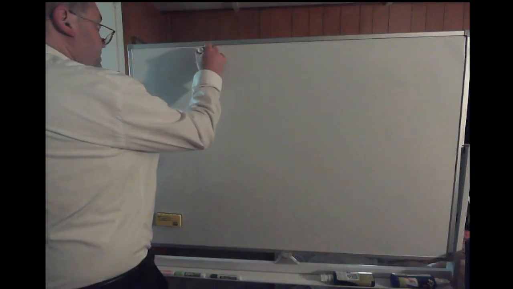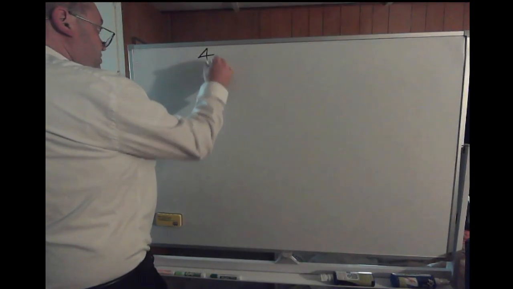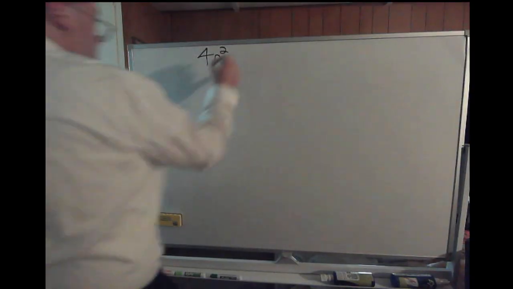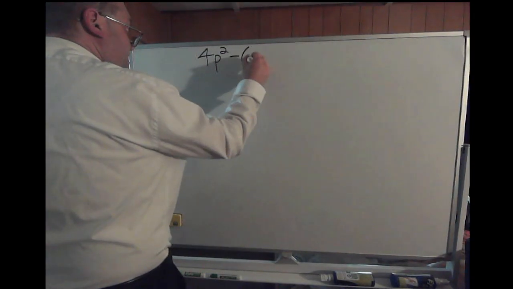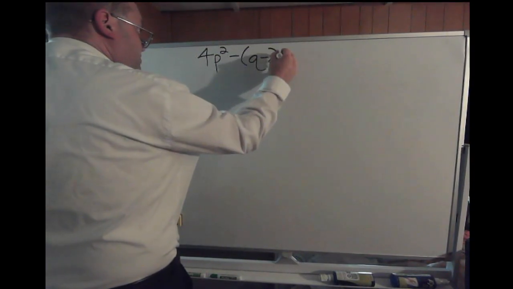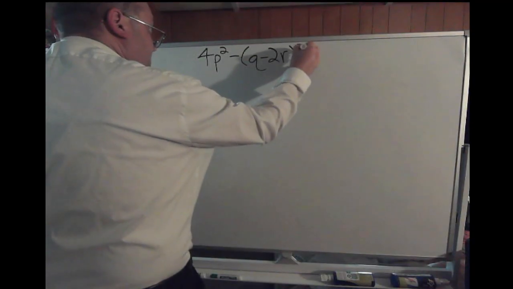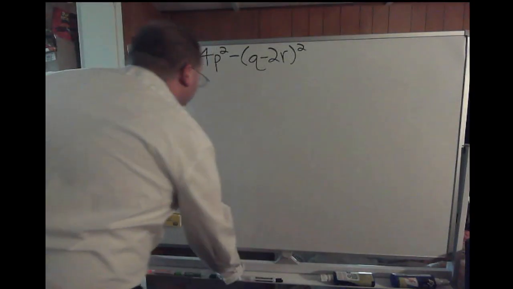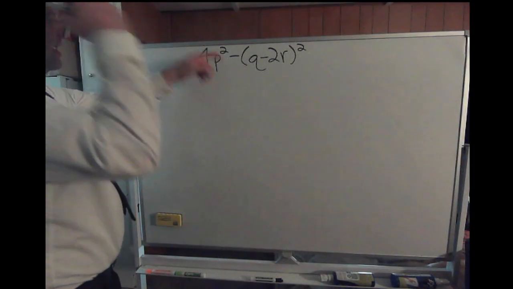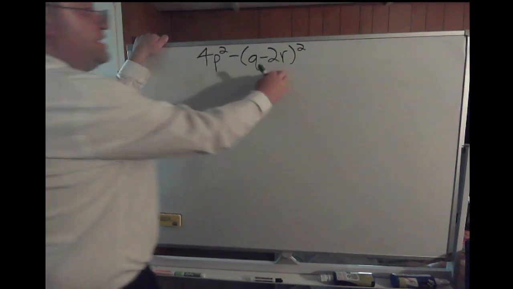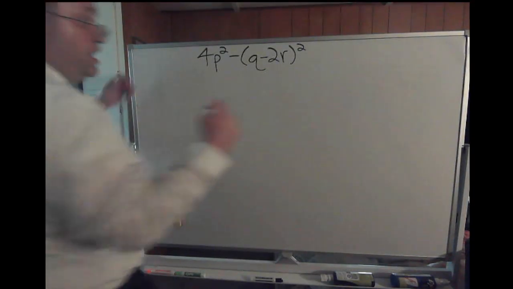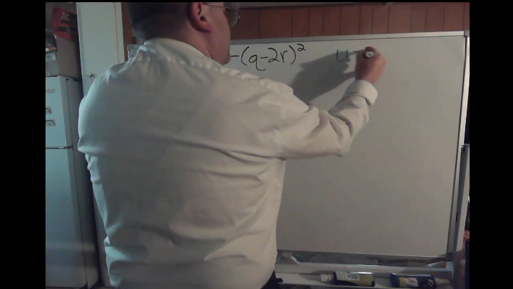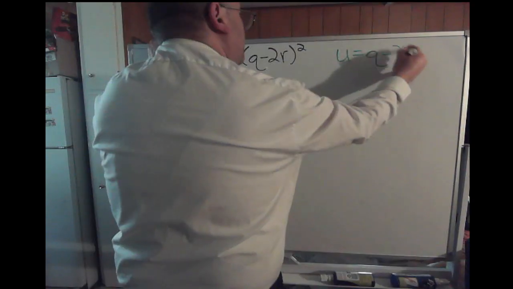Alright, what do we got here? 4p to the second minus the quantity of q minus 2r to the second. Well, I would let u equal that q minus 2r.